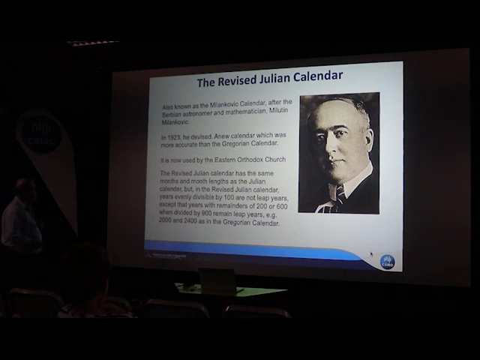So the revised Julian calendar, as it's called, has the same months and month lengths as the Julian calendar, but in that revised calendar, years evenly divisible by 100 are not leap years, except that the years with remainders of 200 or 600 when divided by 900 are.